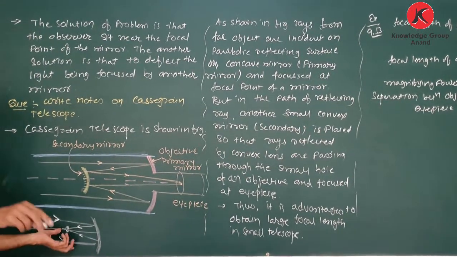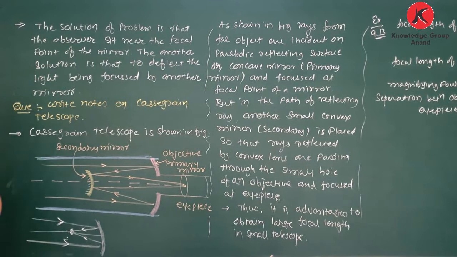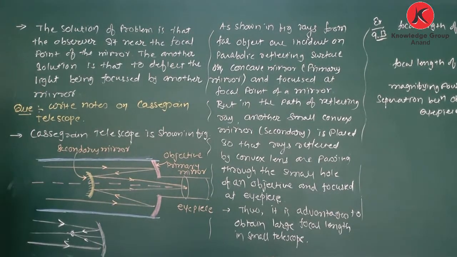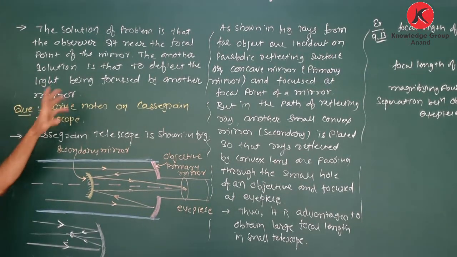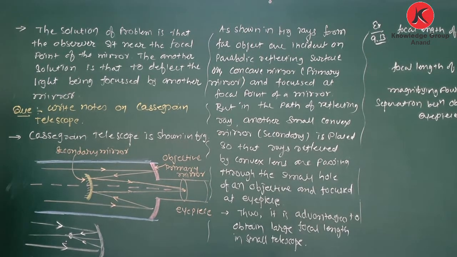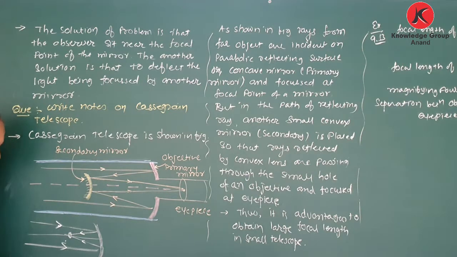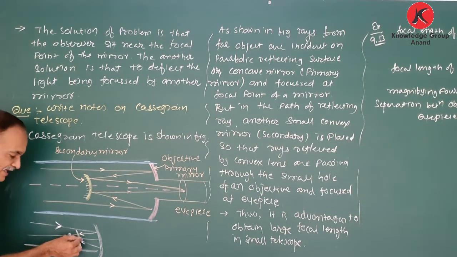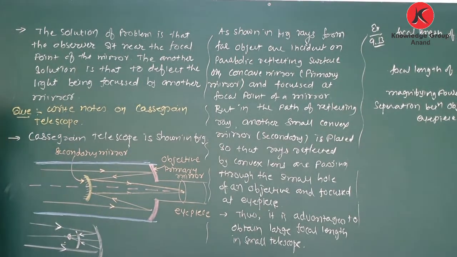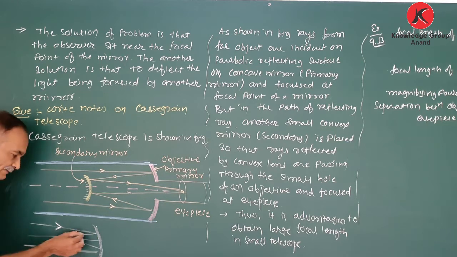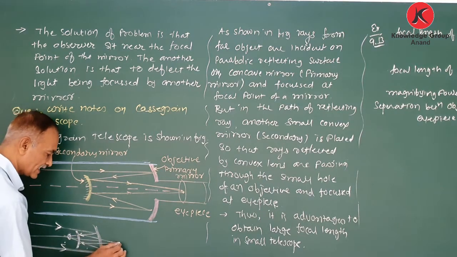So what is the other solution? The other solution is to deflect the light being focused by another mirror. The rays reflected by the concave mirror, we need to place another mirror in the path of this reflecting mirror. So these reflected rays are incident on the secondary mirror and again reflected and focused at another point.